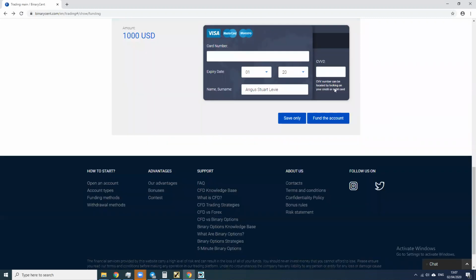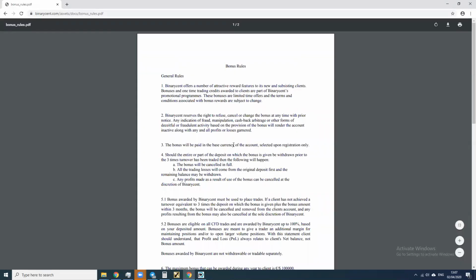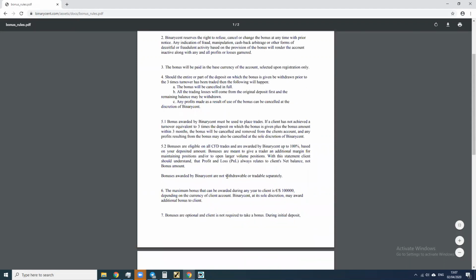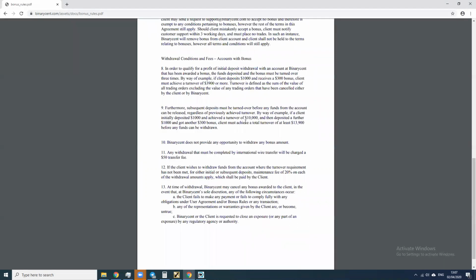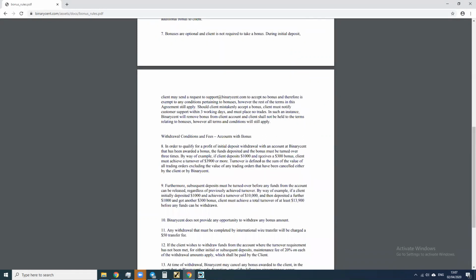Now, you can try with card if you want. It might work from Africa, I don't know. You see bonus rules there. You may want to read that about how the bonus works, but it's fairly simple. Basically, you have to trade 3.5 times your bonus plus your initial deposit before you're able to withdraw.